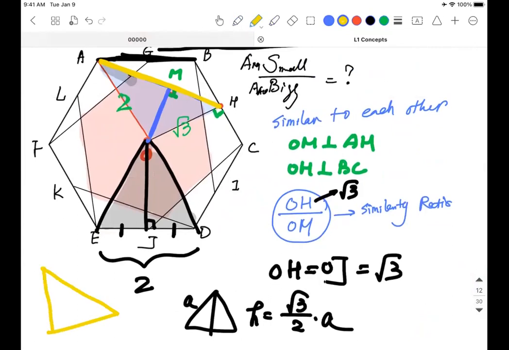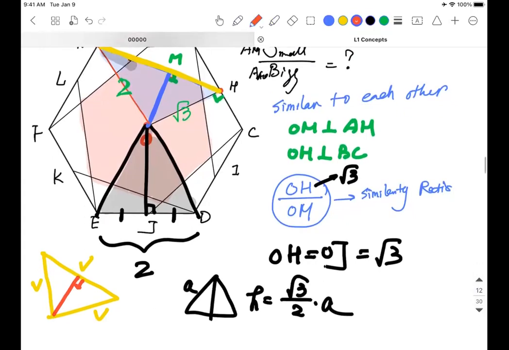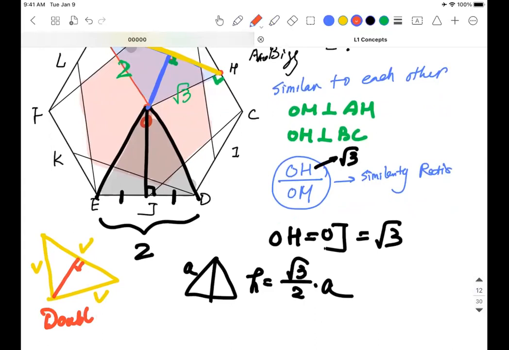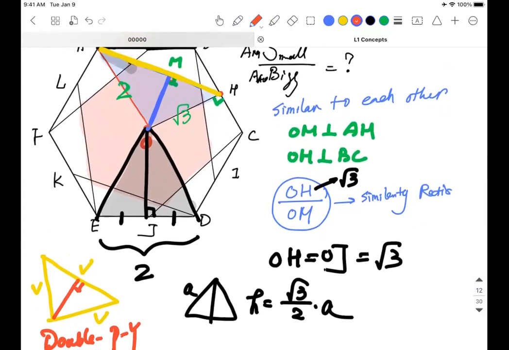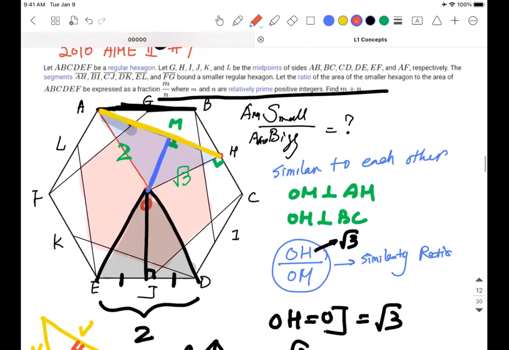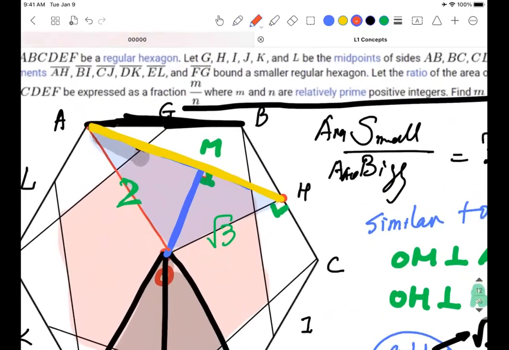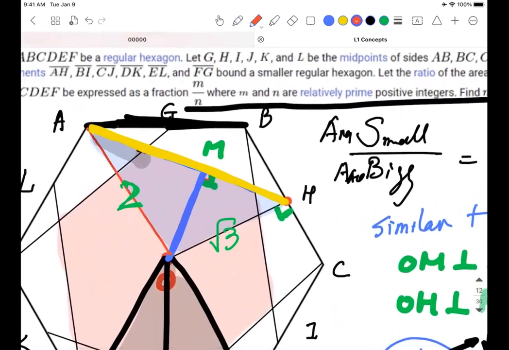In a triangle, you know this side, this side, and this side, you can use the double Pythagorean theorem. You will be able to determine the height OM. You know the three sides, so it's very easy to determine the height. So the $1 million question is, how can I determine AH? Who can tell me? How can I determine AH?